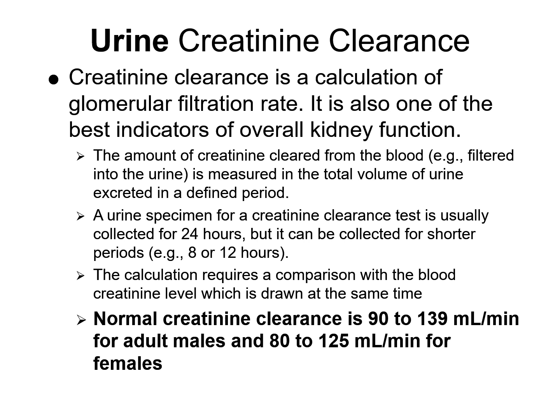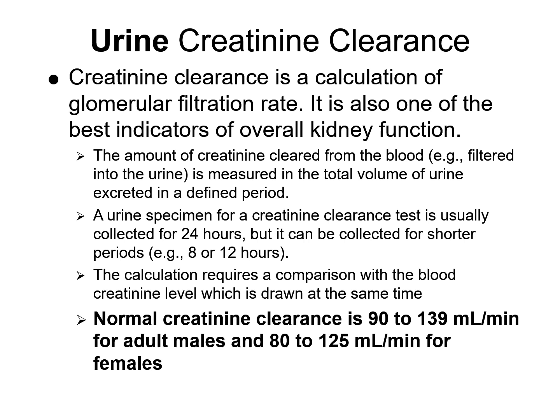Now let's talk about the urine creatinine clearance. This is going to give you a calculation of your glomerular filtration rate, and it's also one of the best indicators of overall kidney function. And how does this work?